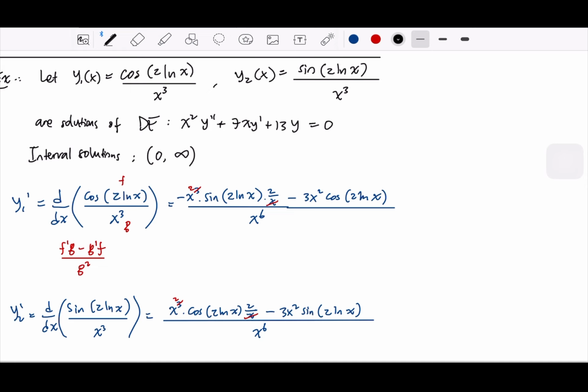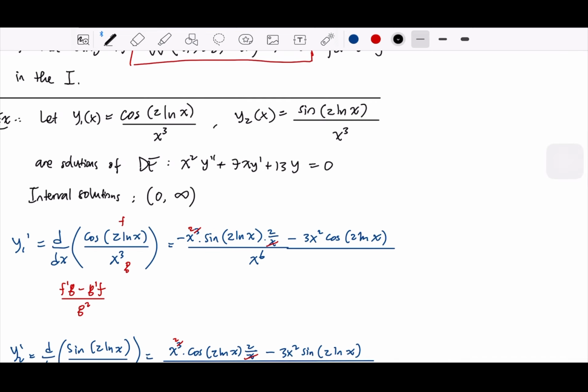Because we have ln, and if we have ln 1, it will be 0, why not use x equal 1 to make all the ln simplified. So at x equal 1, we can write y1 is 1, y2 is sine 0, which is 0.